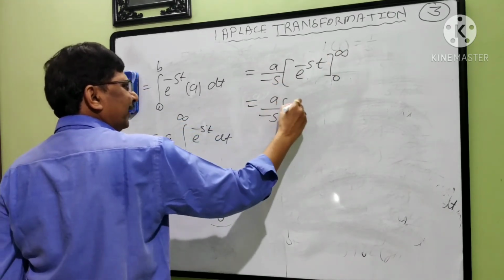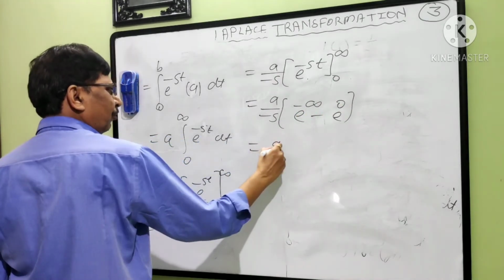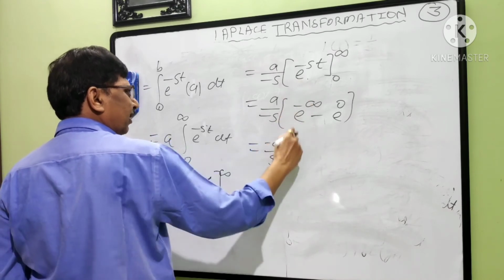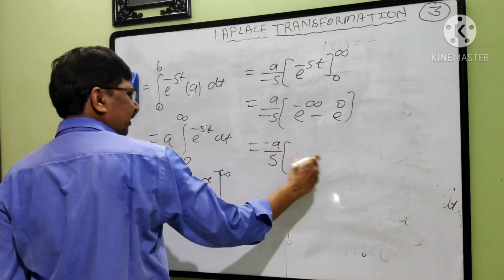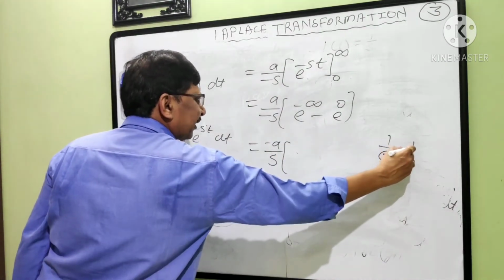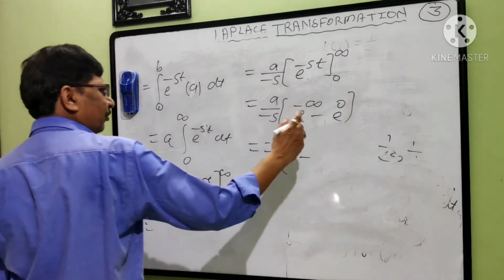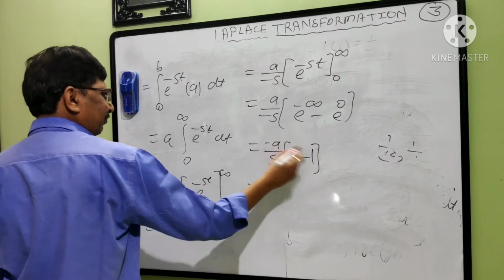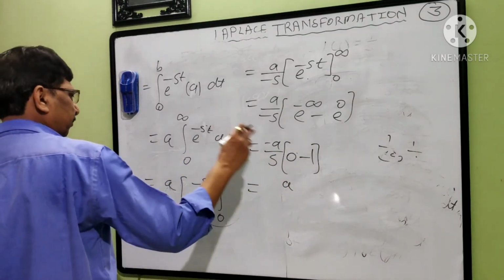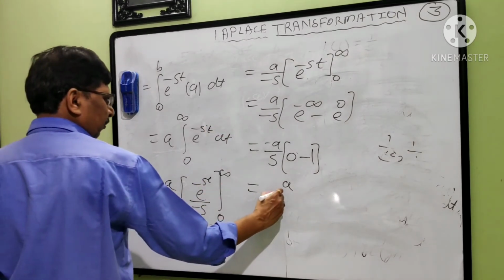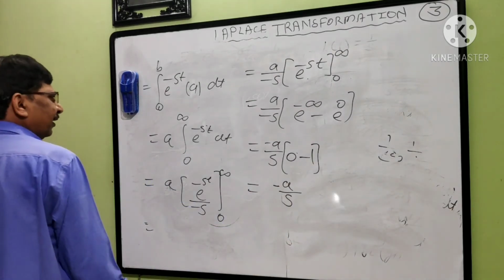Now if t is infinity, e raised to minus infinity, minus, when t is 0, e raised to 0. e raised to minus infinity means 1 upon e raised to infinity, which is 1 upon infinity, approaching 0. I told you in the last two videos that e raised to 0 is always 1, so it is minus 1, and minus minus becomes plus, giving minus a upon s.